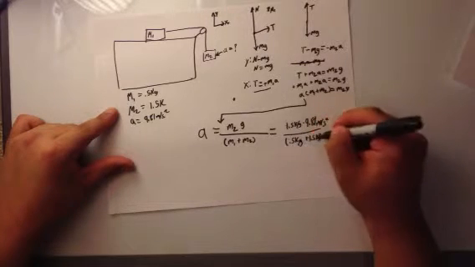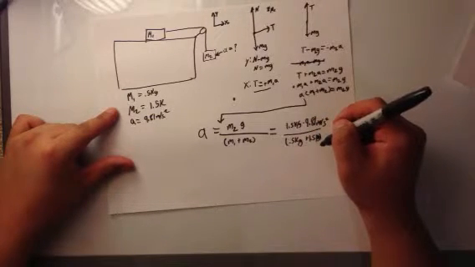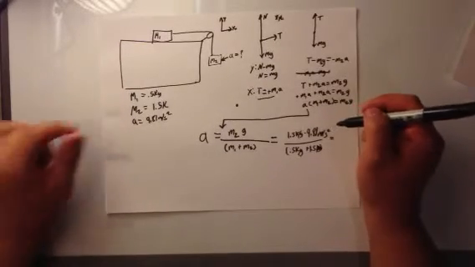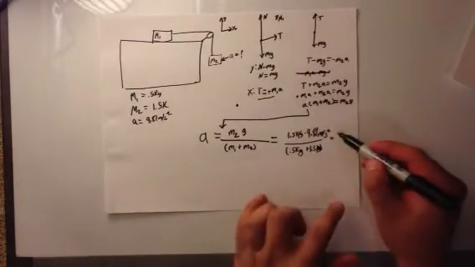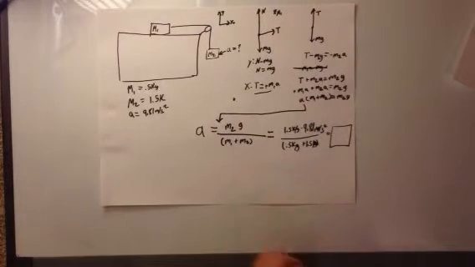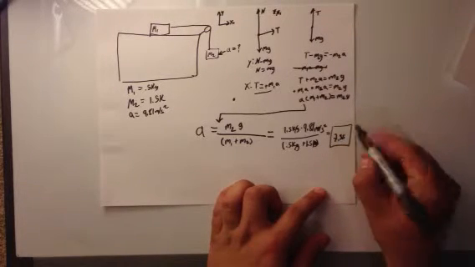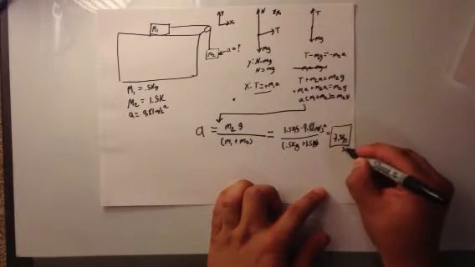All these kilograms are going to cancel out. And that's going to leave us with our acceleration, which I can solve for you real quick. Our acceleration is going to be 7.35 meters per second squared.